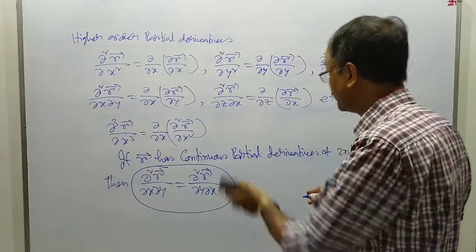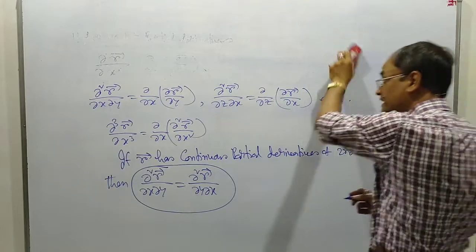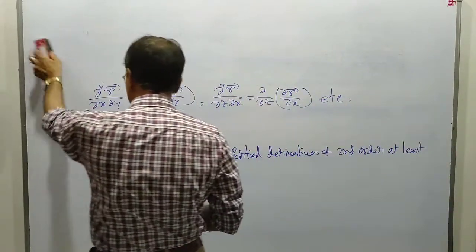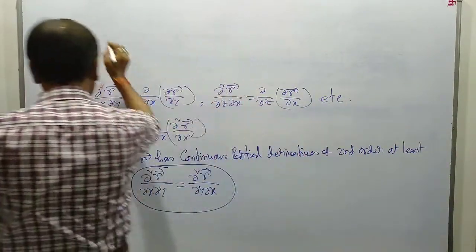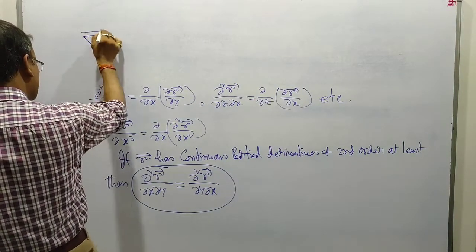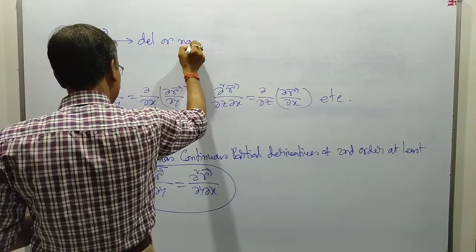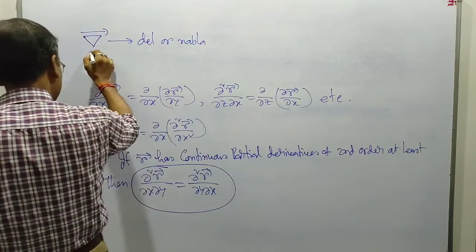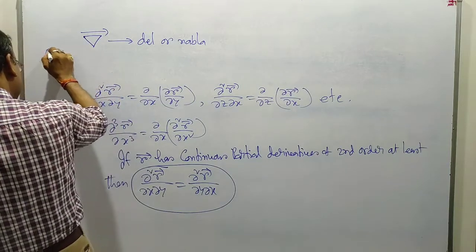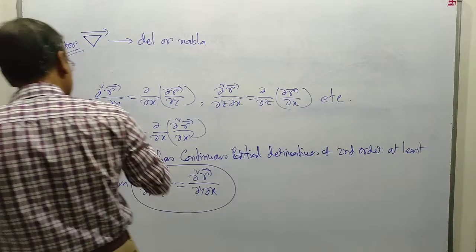Now let us define an operator. This operator is called del or nabla.